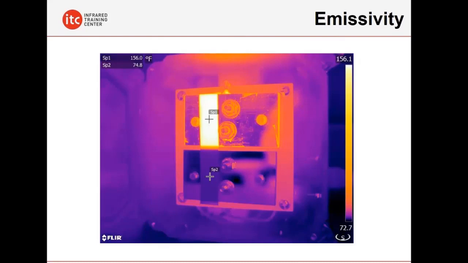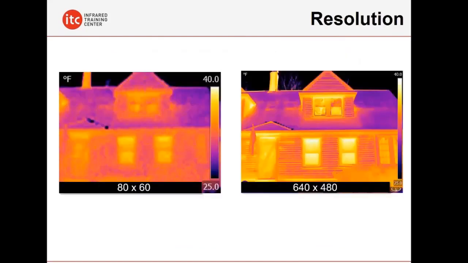And so we emphasize a lot of this in our level 1, level 2, and of course our level 3 training classes. Resolution is something we talk about as well. People are attracted to the lower cost thermal imagers because they're more affordable. Well, that affordability also comes at a cost, in that you don't have as much resolution as a higher end camera.